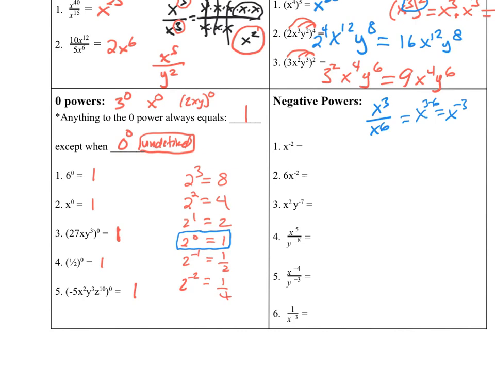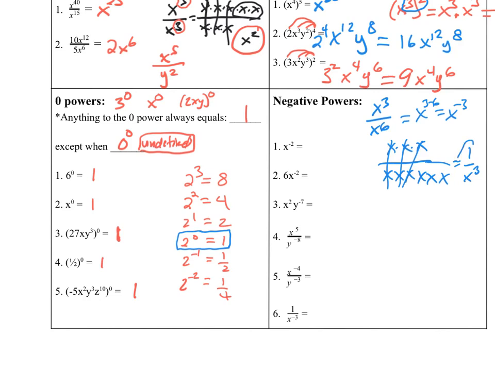Now, if you look back at the x to the third over x to the sixth, x to the third means x times x times x, and x to the sixth means we have 6 x's. And if you remember, we can cancel, right? So our leftover x's are actually on the bottom of this fraction.